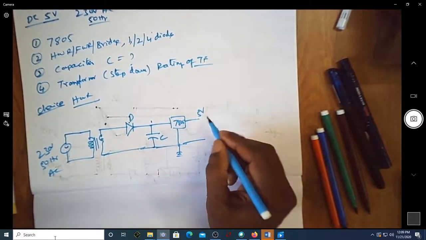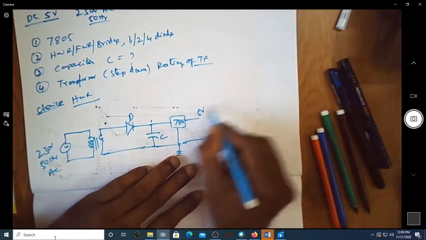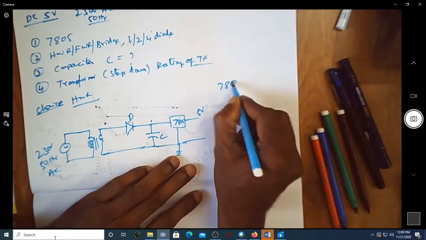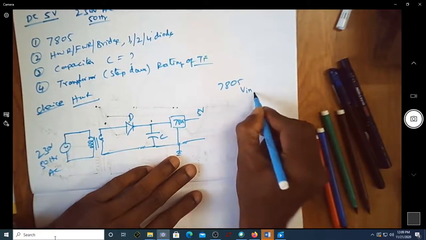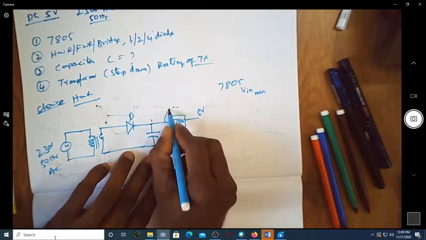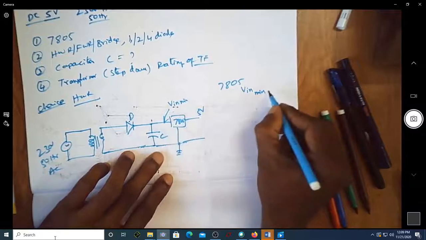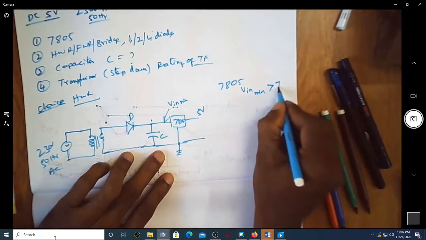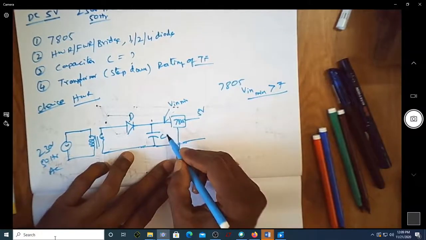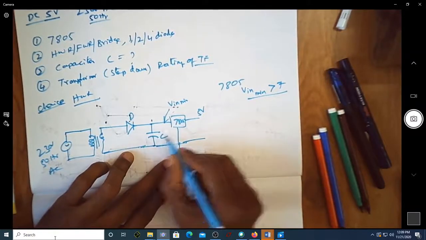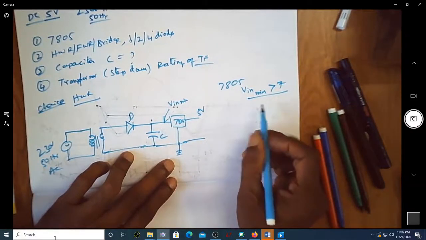To get this constant 5 volt, let us assume that this 7805 requires a V input minimum. That is, the minimum voltage required at the input should be, assume, more than 7 volt. Since you want to have minimum voltage as 7 volt, let us take it around 20 to 30% more than that.